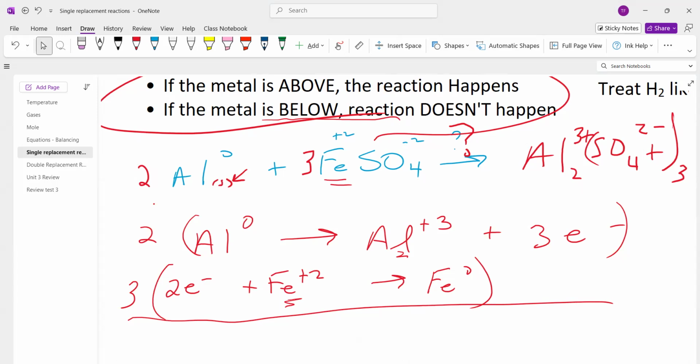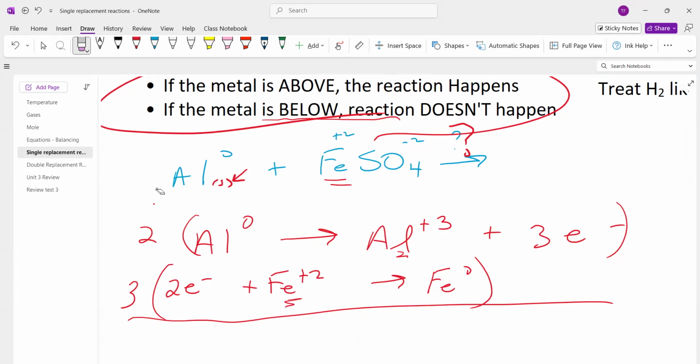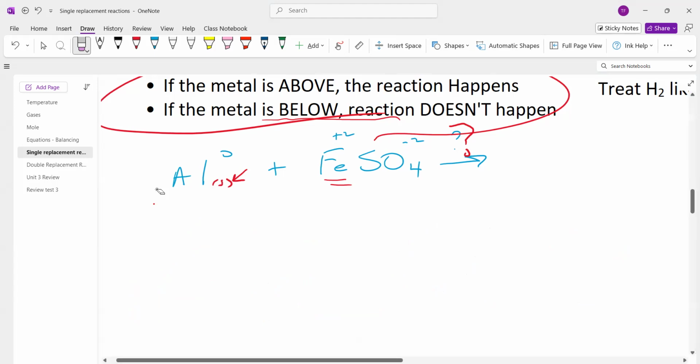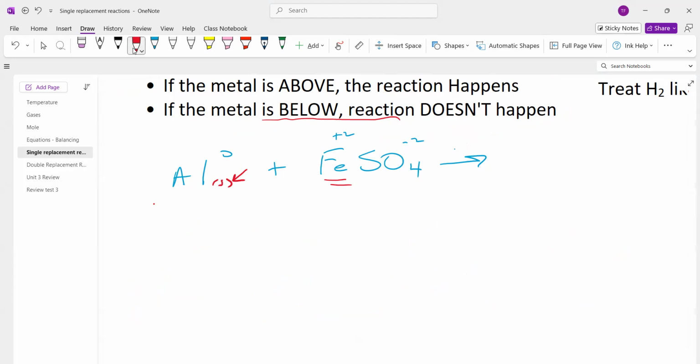In fact, let's clean this up and go through the steps here. Okay, so this would be a typical question. Can I take aluminum metal and throw some ferric sulfate in there?